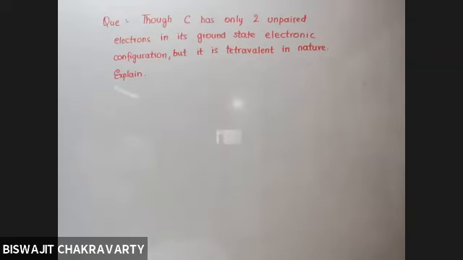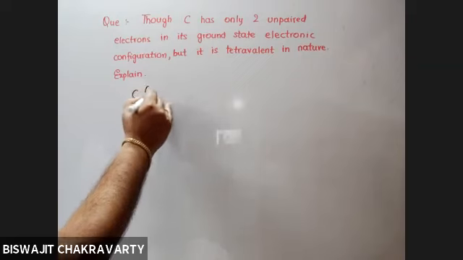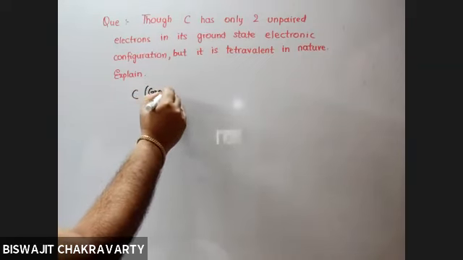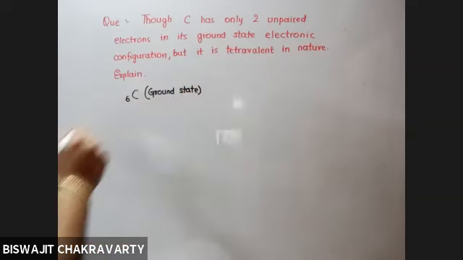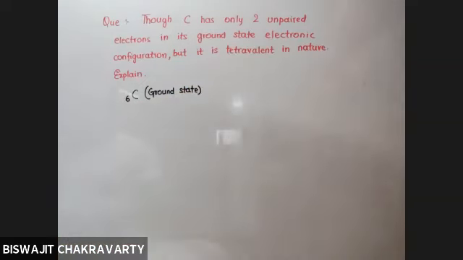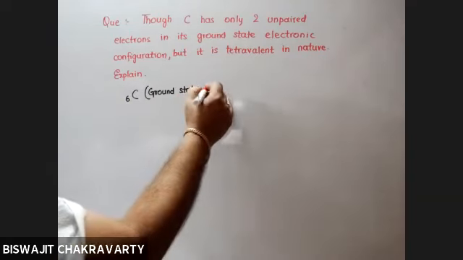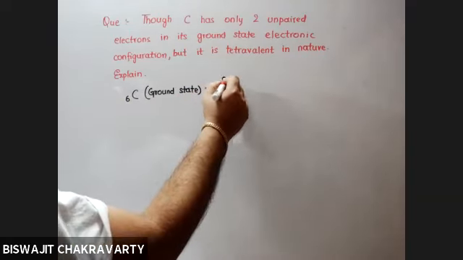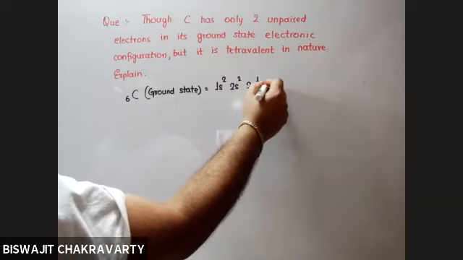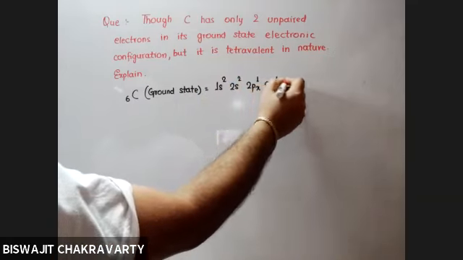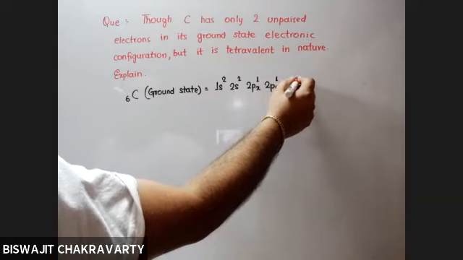So what I discussed was, if you look at the ground state electronic configuration of carbon, carbon has atomic number 6. So it should be 1s2, 2s2, 2px1, 2py1, 2pz0.